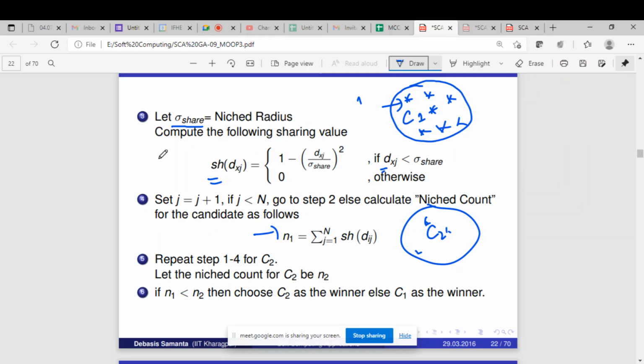So you will get n values of sh of dxj, right? Then you add all those things. When you add all those, what you get is called n1. So this is done for C1. Repeat the same process for C2. When you do it for C2, you will get n2. Now compare n1 and n2. Whichever is greater, that is the winner, right?